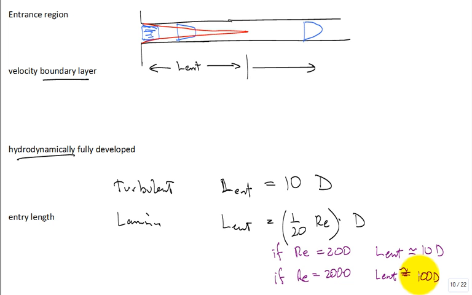True? So it can take longer if it's laminar flow, getting up there over 200, 500, 1,000, up to 2,000 Reynolds number.